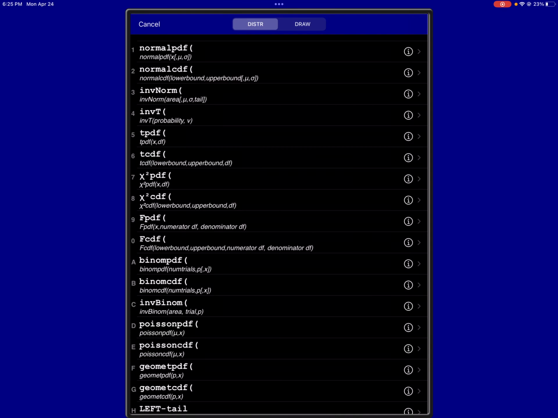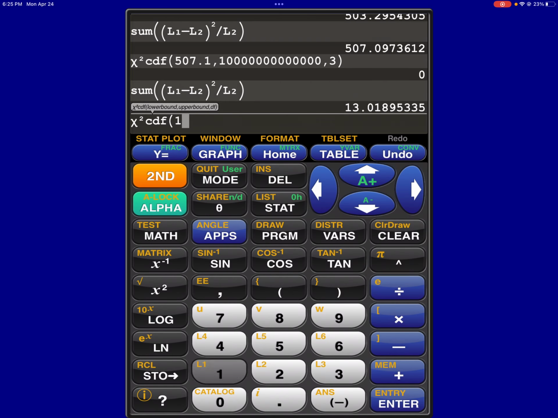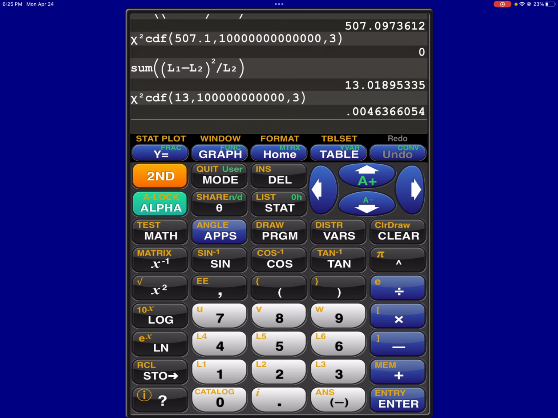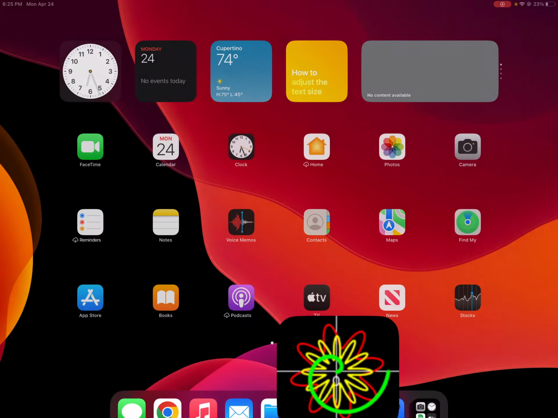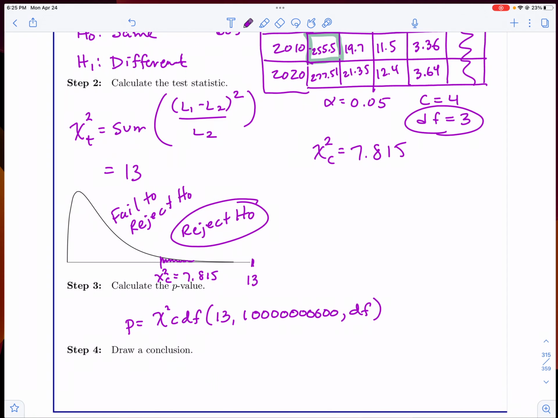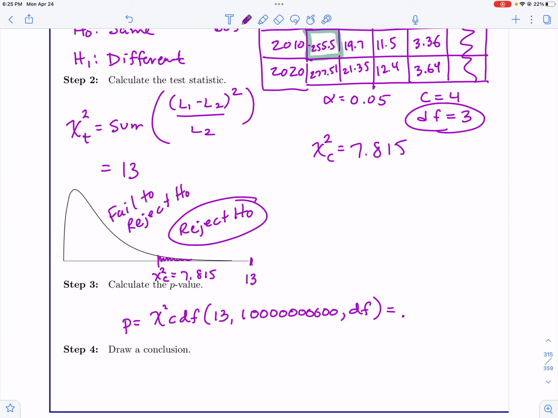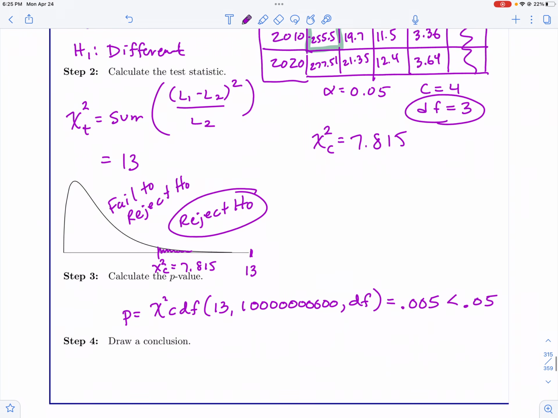So second vars, chi-squared CDF 13, comma, some really big number, comma, degrees of freedom, gives us 0.005. It looks like 463, so we can just round it as 0.005, which is definitely less than the 0.05 that we were interested in.